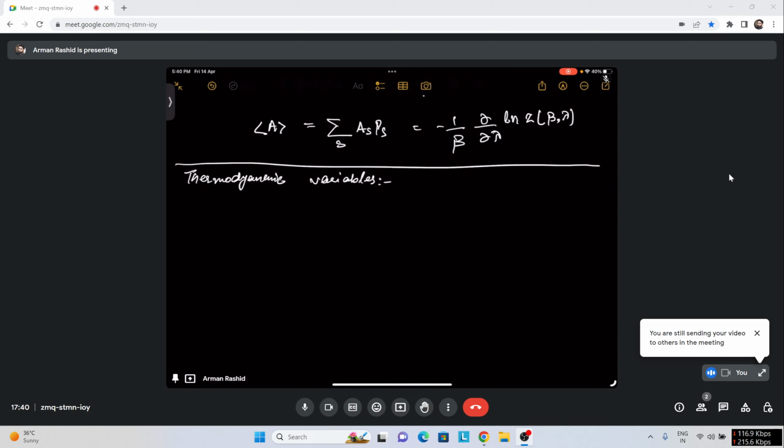Now we have seen that total energy E is given by minus d ln Z by d beta.